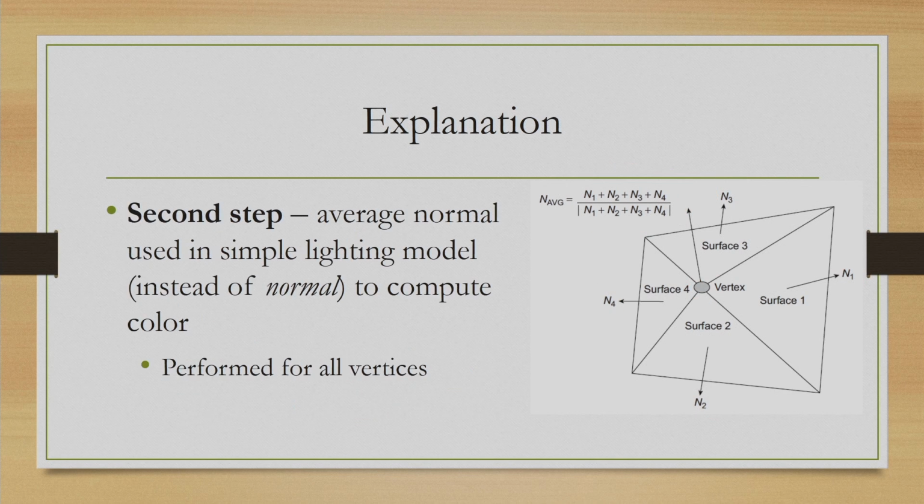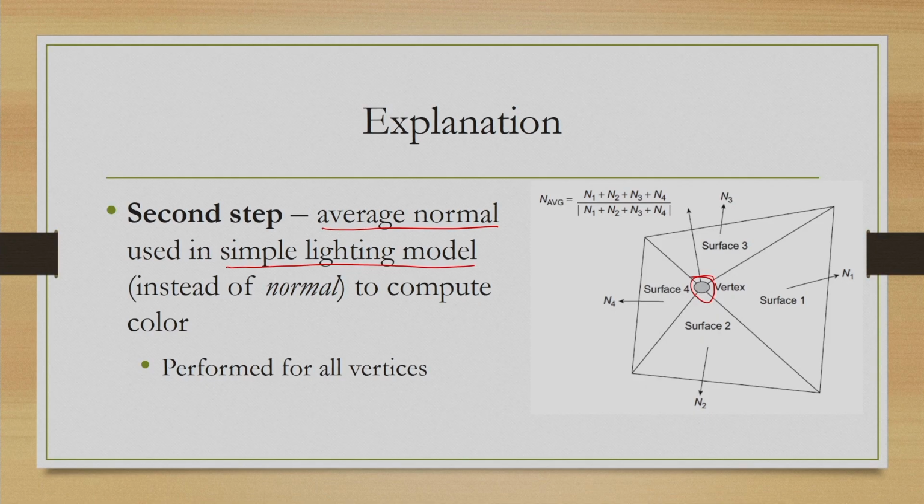Then, in the second step, with the average normal, we compute the color at this vertex using the simple lighting model. If you may recollect from our discussion on the simple lighting model, to compute color components for diffuse reflection and specular reflection, we had to use surface normals.